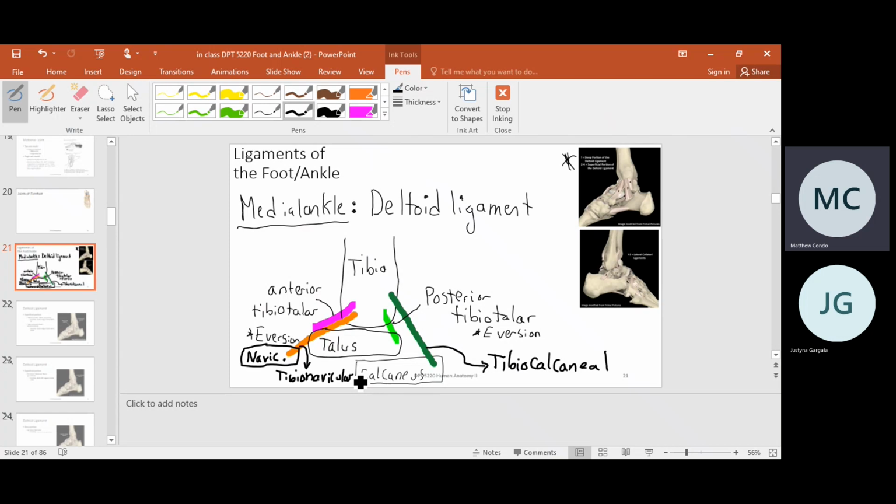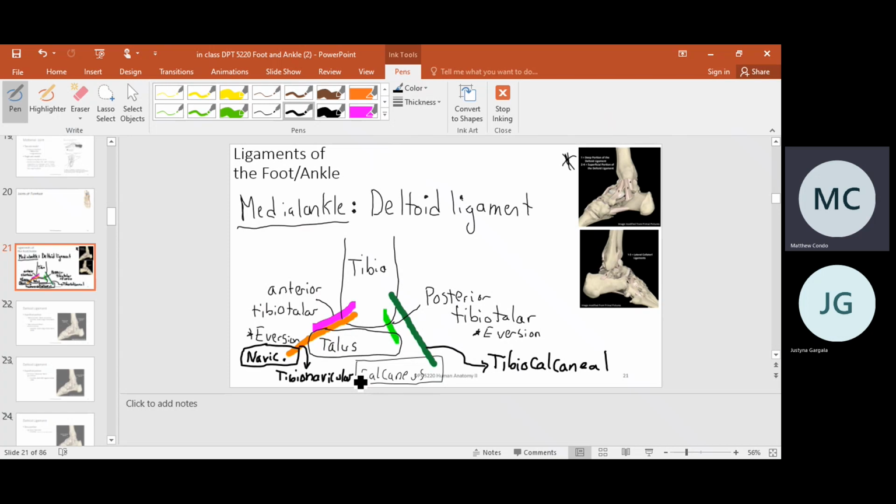Where you may see an injury to this particular structure, it's going to prevent anterior displacement of the navicular on the tibia, right? It also is going to prevent posterior tibial displacement against the navicular.